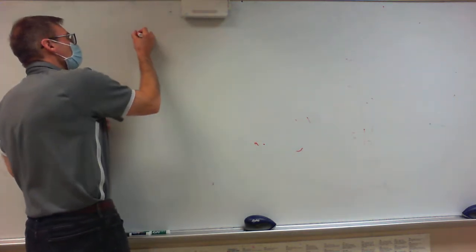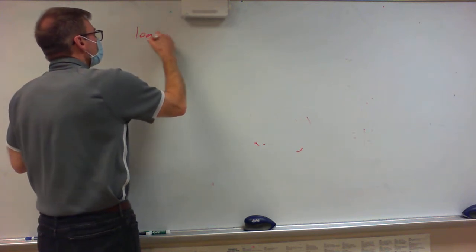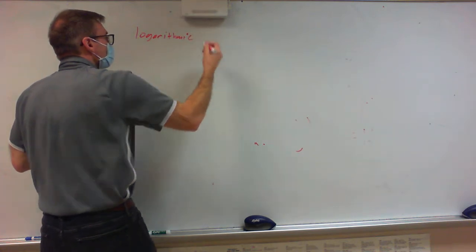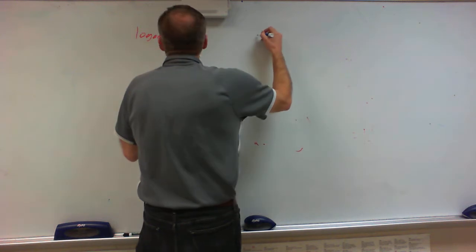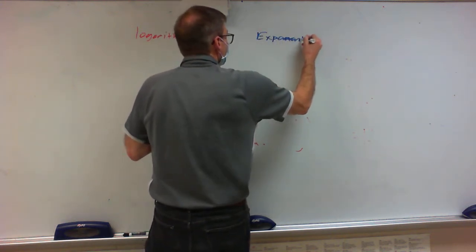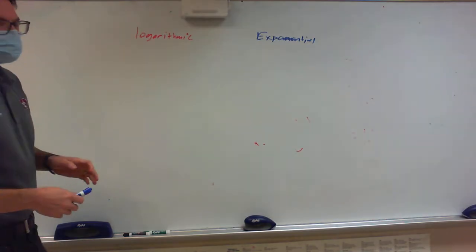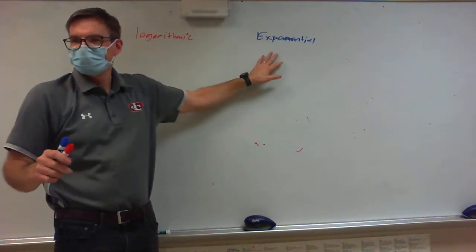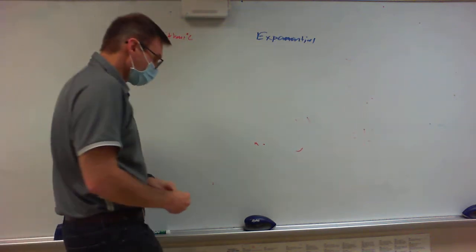On the left side, we're going to call it logarithmic, and on the right side, we're going to call it exponential. What we're going to do is convert from logarithmic to exponential and exponential to logarithmic.